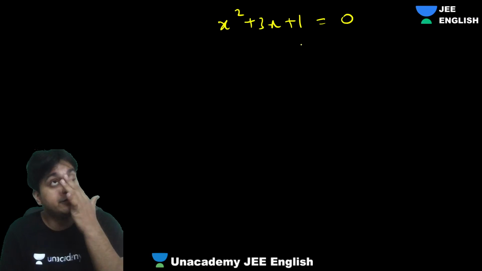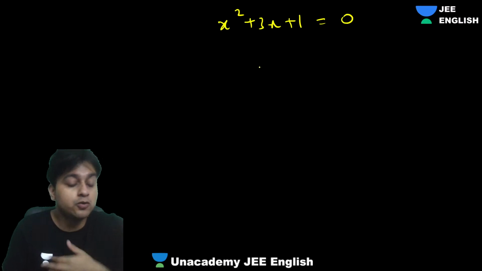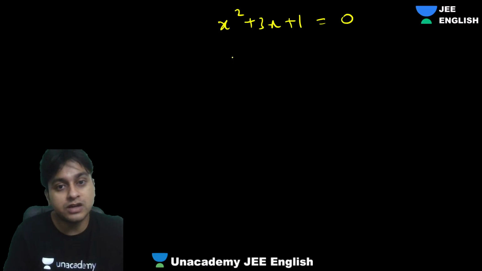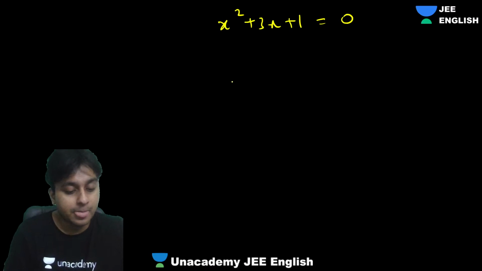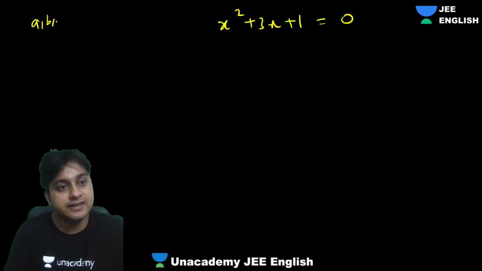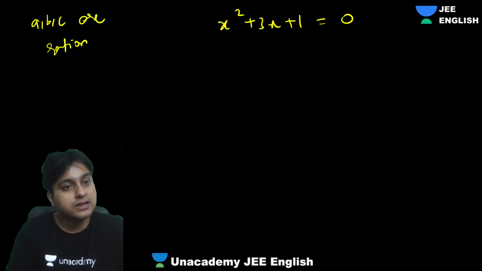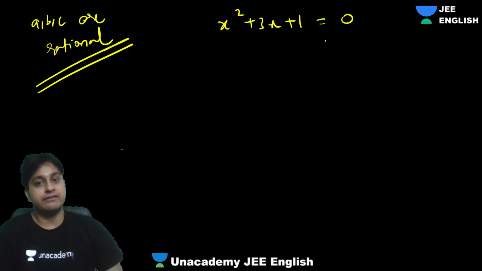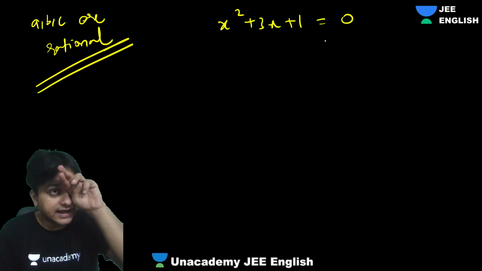If one root is 2 plus root 3, the other root has to be 2 minus root 3. So guys, as we say, a, b, c are all what? Rational numbers. Then only we will have it. Here a, b, c are rational, isn't it, Daksh?